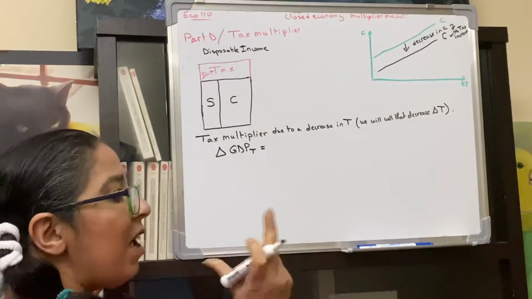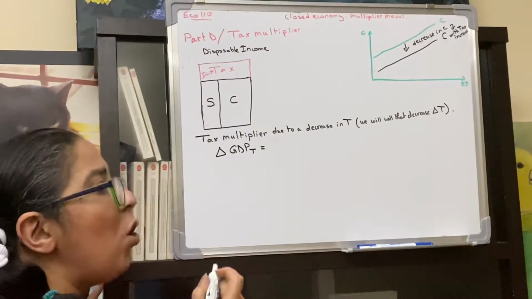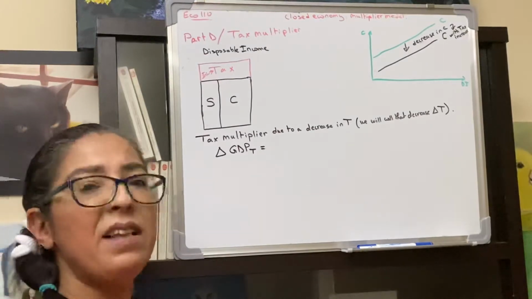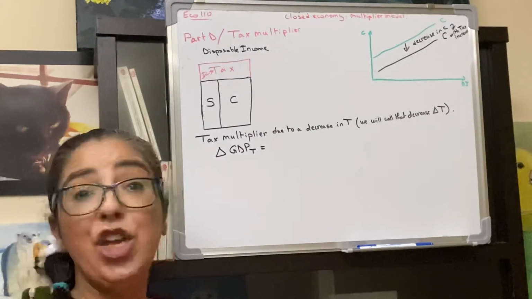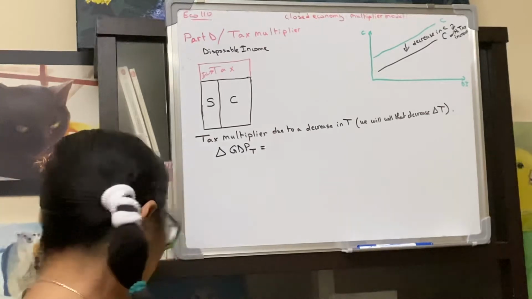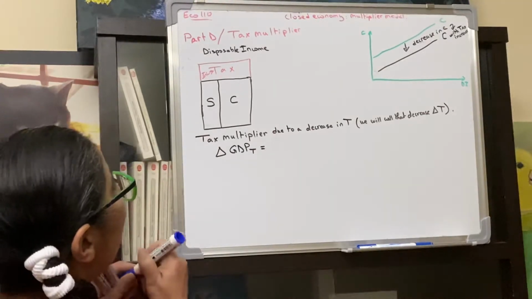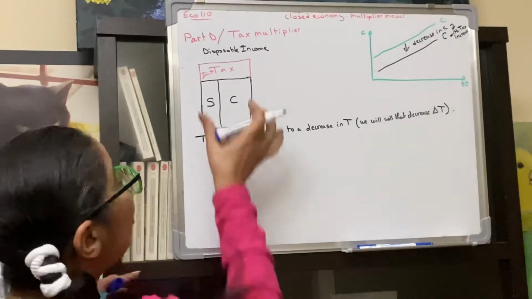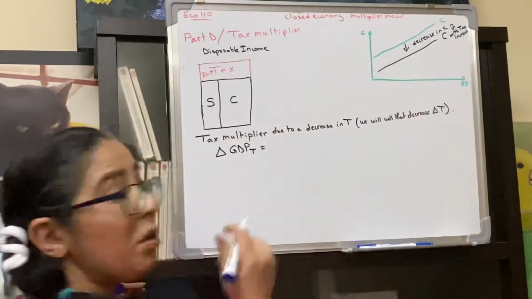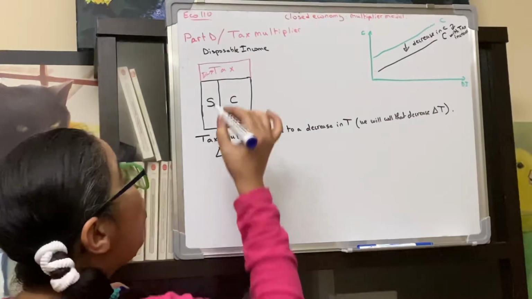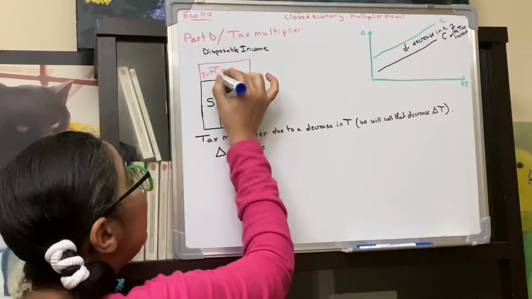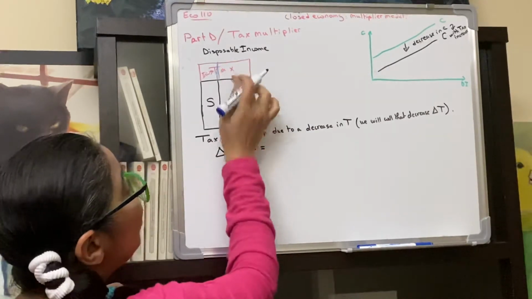Am I gonna add the whole increase and then see the effect of it? No. The problem here is that when you add the change in taxes to your income, you're not going to put all of it into consumption. You're only going to put the consumption part of it.